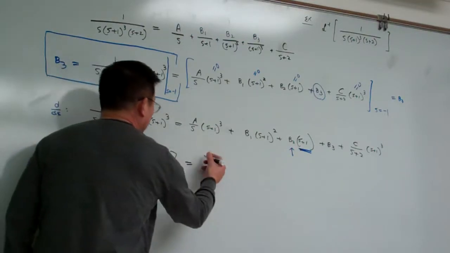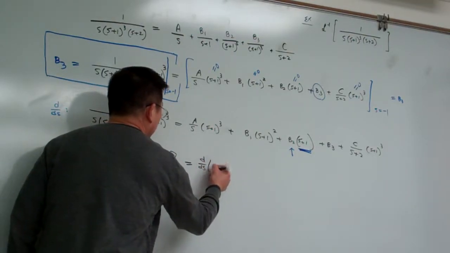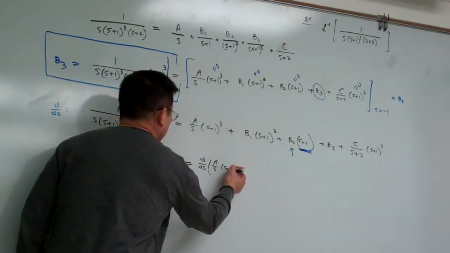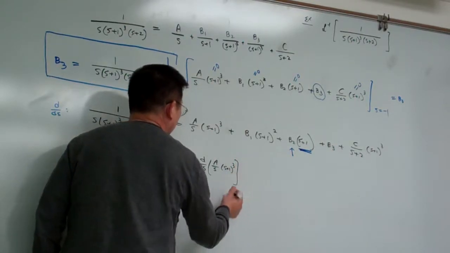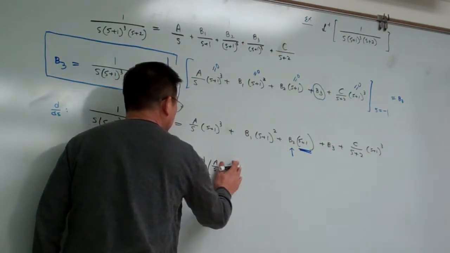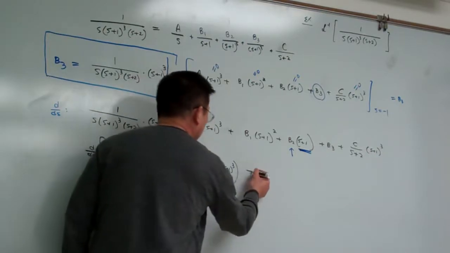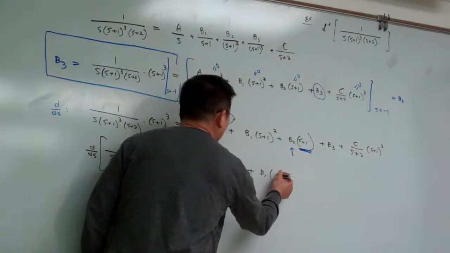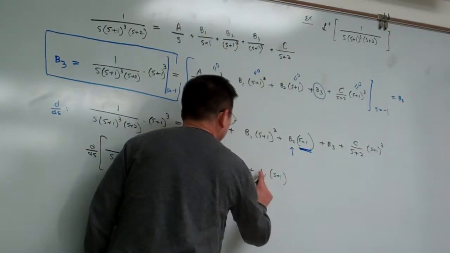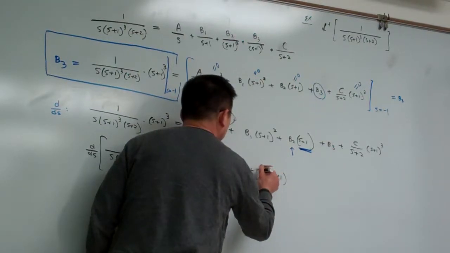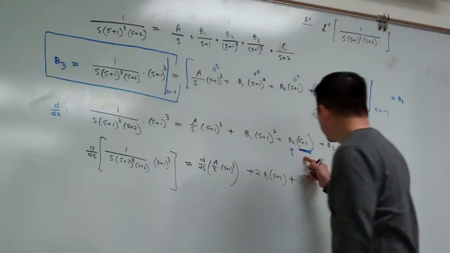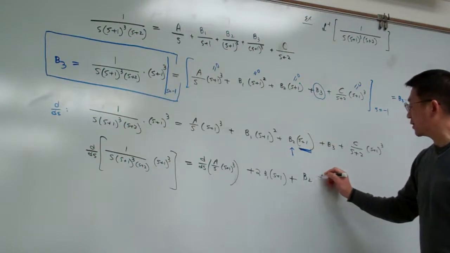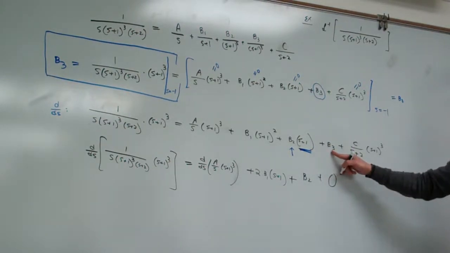Okay, and then this term's derivative d/ds of s plus 1 cubed. You don't need to simplify things at this moment, just be with me. And this is s plus 1 times 2. Okay, then this one will become B2, and this one becomes 0 because that's a constant.